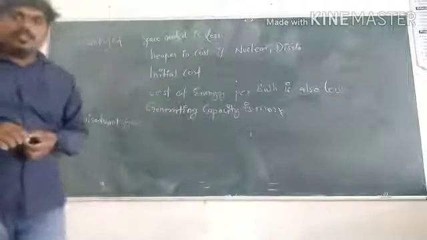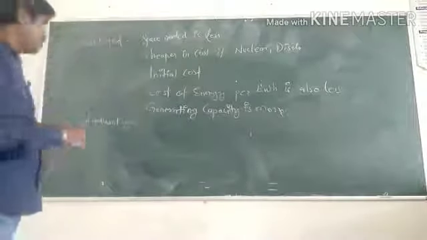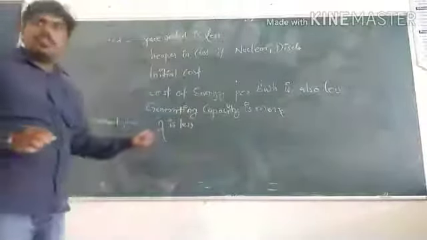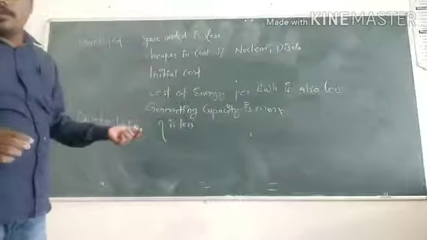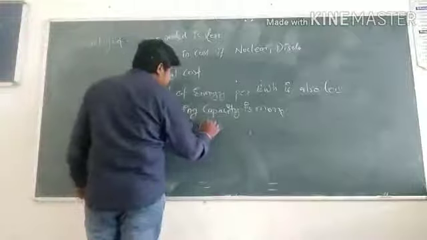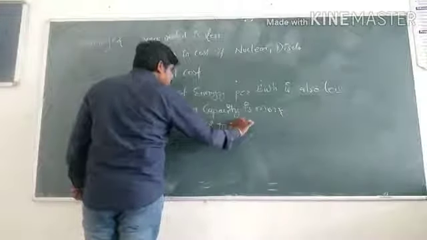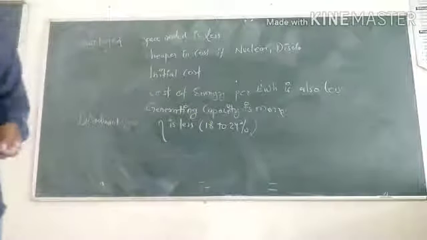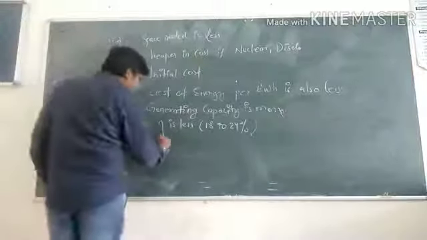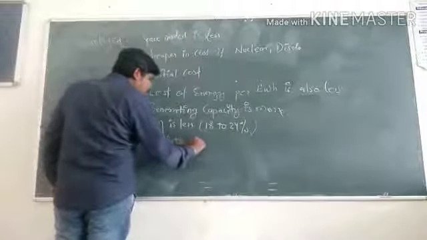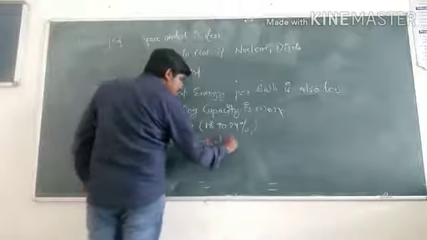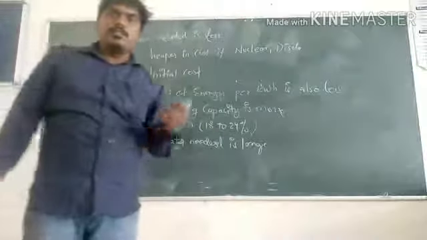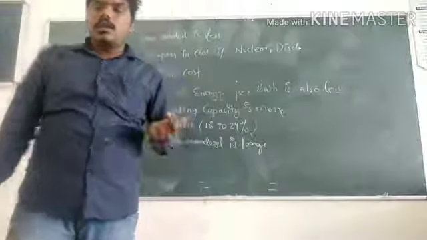So what are the disadvantages of this kind of plant? Its efficiency is less. The efficiency of this kind of plant is around 18 to 24%. You can see how low the efficiency actually is. A large quantity of water is needed, for generating the steam and also for cooling the water.